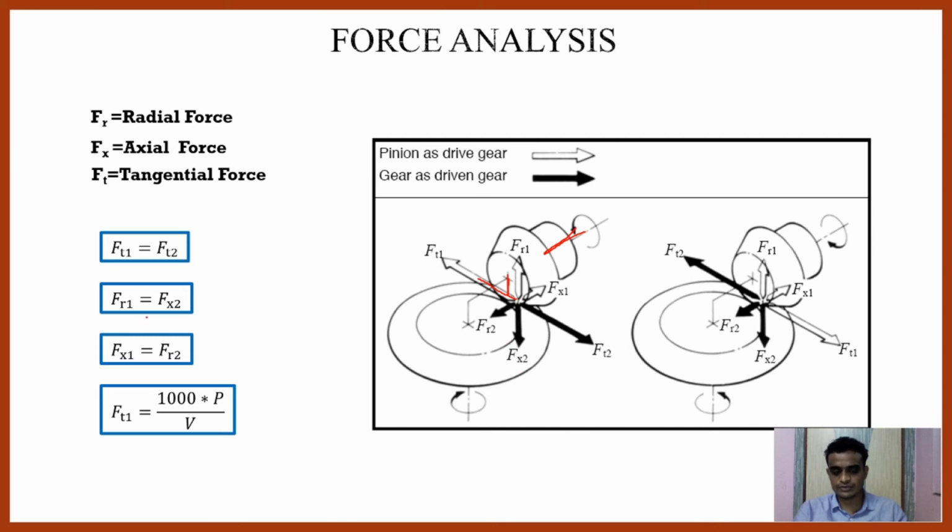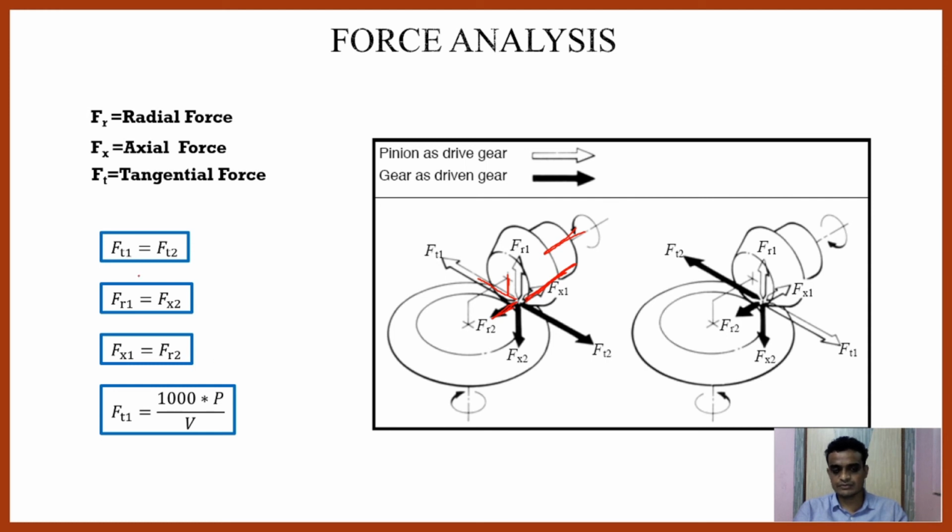That means fr1 is equal to fx2, where fx is the axial force. And next, for this gear, the third force is along the z axis. In that case fx1, the force along the z axis, is equal to the radial force of its counterpart.